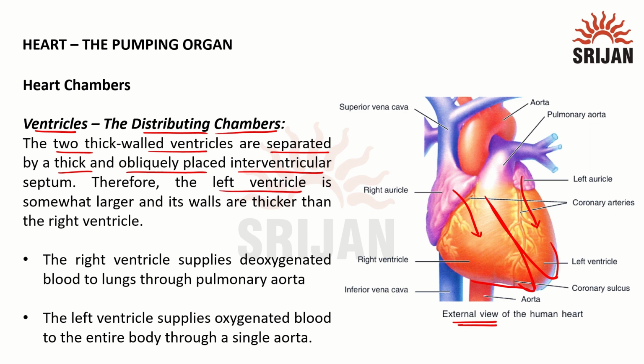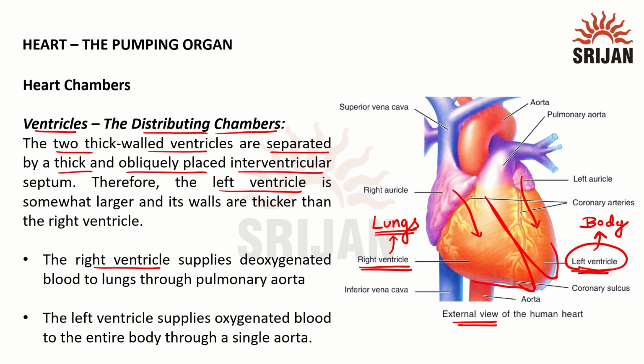Now, the left ventricle is somewhat larger compared to the right ventricle, and its walls are much thicker compared to right ventricle. This is because the left ventricle has to pump oxygenated blood to all body parts, whereas right ventricle has to pump blood only till the lungs. So to make sure it has enough energy, the left ventricle has more muscle, a much thicker wall.